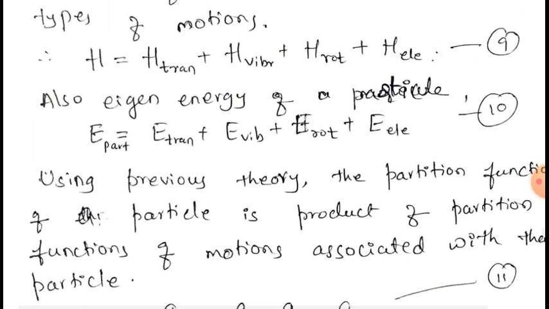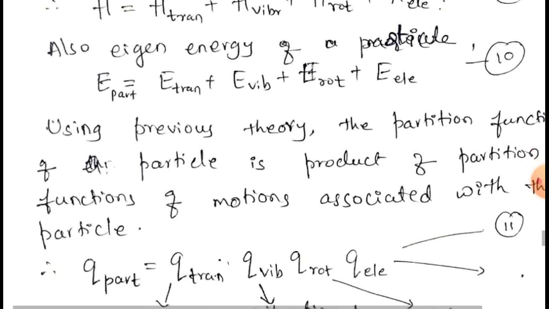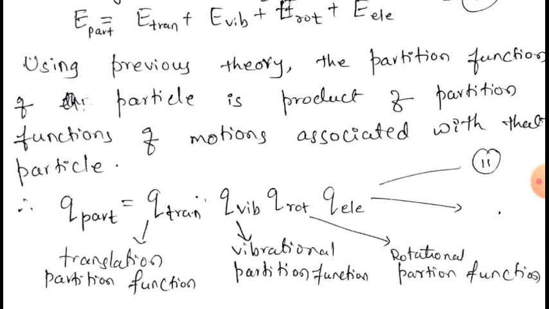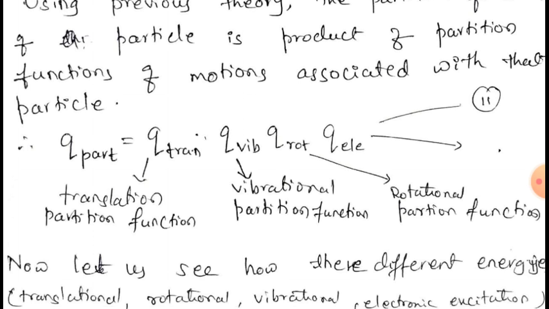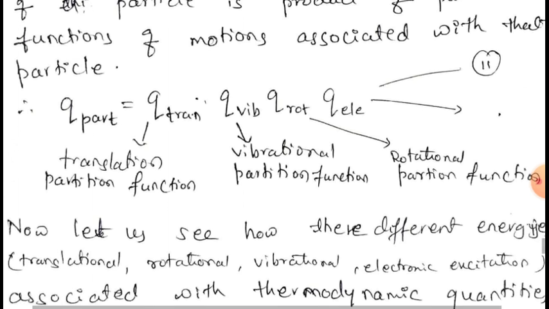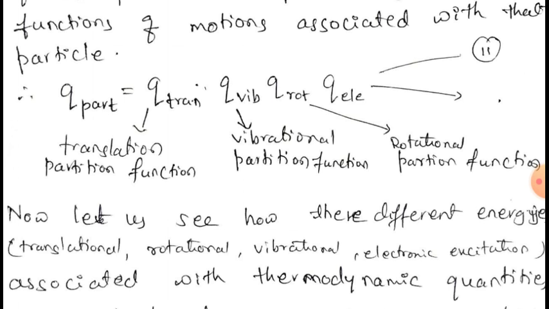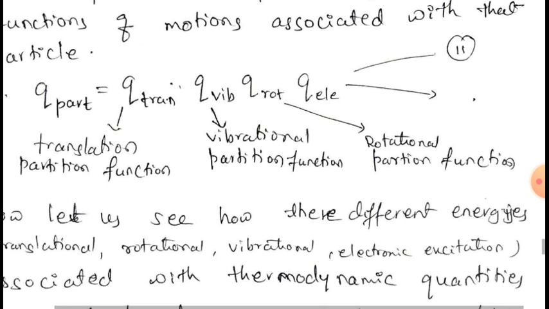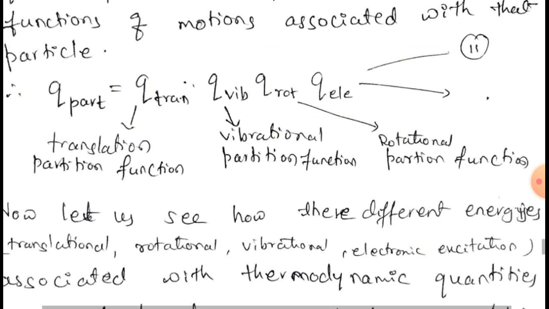The same thing applies here, as in equations 9 and 10, and we can write the partition function of a particle as the product of the partition functions due to all these four kinds of motions. Therefore, the partition function of a particle is equal to the translatory partition function times the vibratory partition function times the rotational partition function times the electronic excitation partition function, as given in this equation 11.